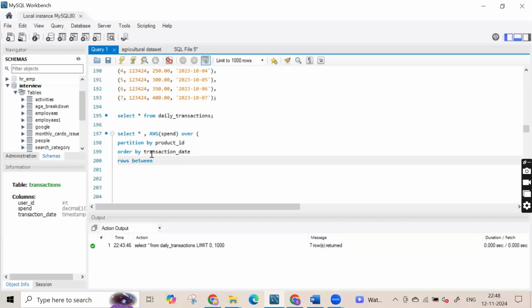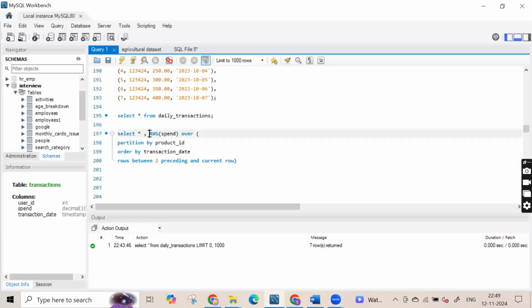You have to take rows between two preceding, which means when you are in the current row, you have to take two of the preceding rows, and the current row also. And this is how you will be calculating the average.